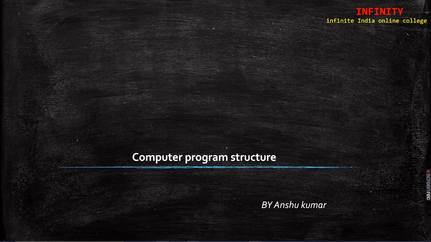In my previous class, I discussed the environment setup of C programming, and showed you how to install MinGW. You have already seen the installation of the MinGW C compiler. So today I am going to teach you about the C program structure.